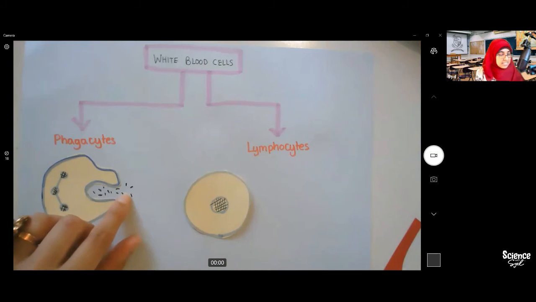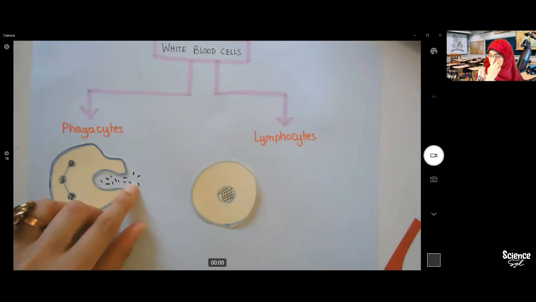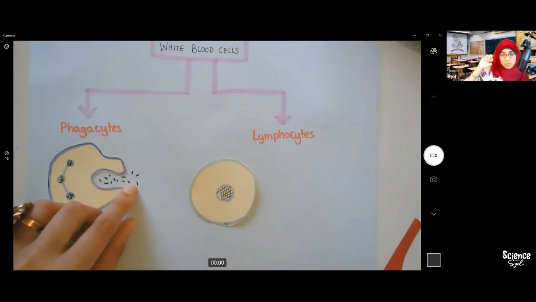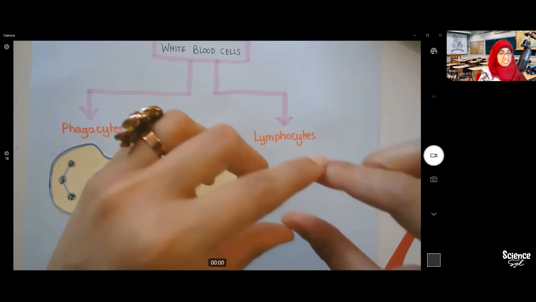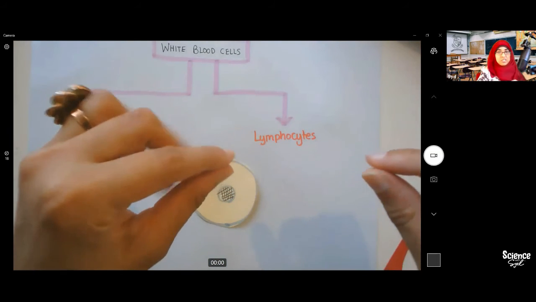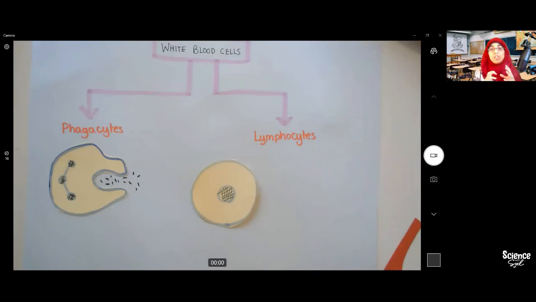Now, these tiny little pathogens over here, these tiny little microorganisms, if you were to look really, really closely at them, they're not just a dot. What they look like is a long caterpillar with lots of spiky bits. Even coronavirus is round with lots of spiky bits. And those spiky bits are important, okay?